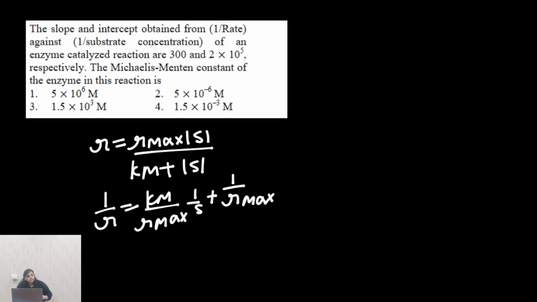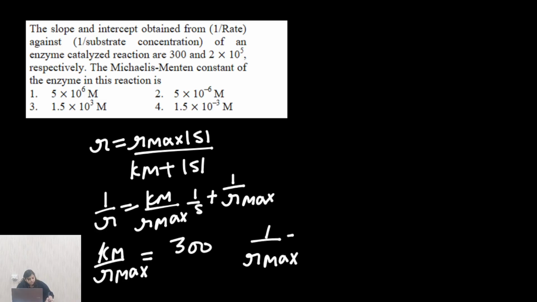So from here Km upon R max, which is the slope, is given to us as 300, and the 1 by R max value is equal to 2 into 10 to the power of 5. From here we have to find the Km value.